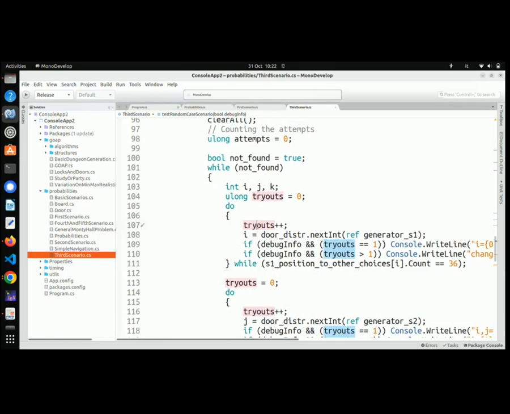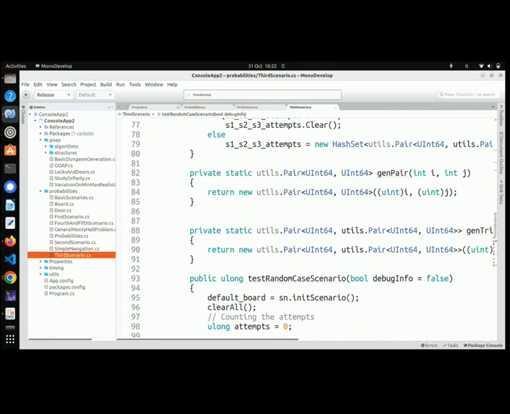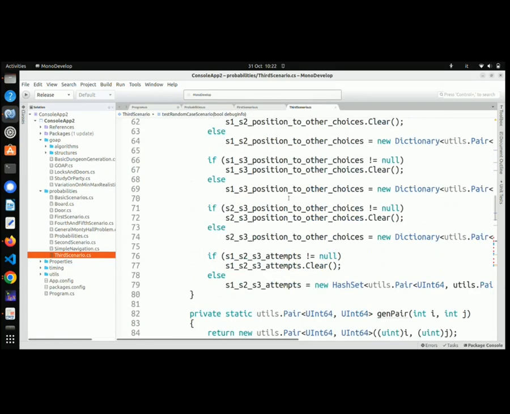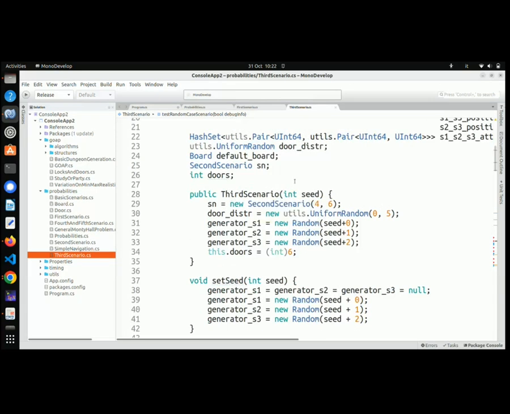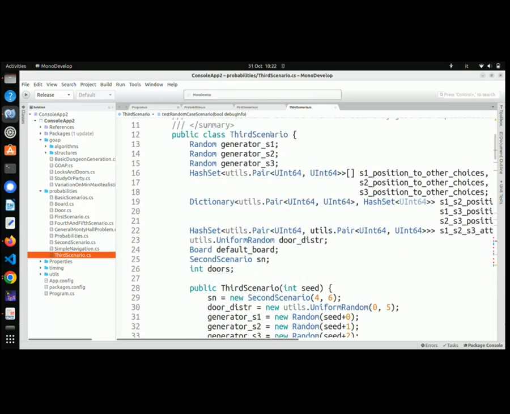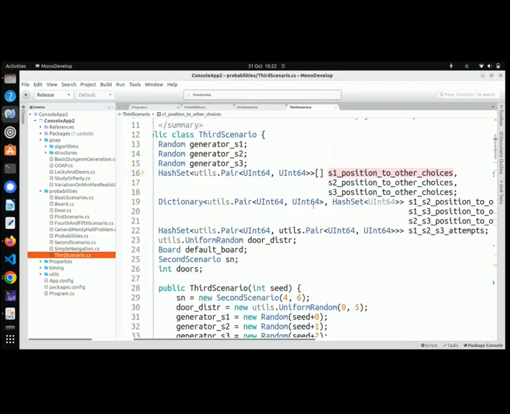And in here, I'm going to use tryouts, and I have these kinds of dictionaries, as I was saying. So I know, for example, all the possible pairs that were used, and here I have all the pairs of doors that I'm using and the other door that I was considering.